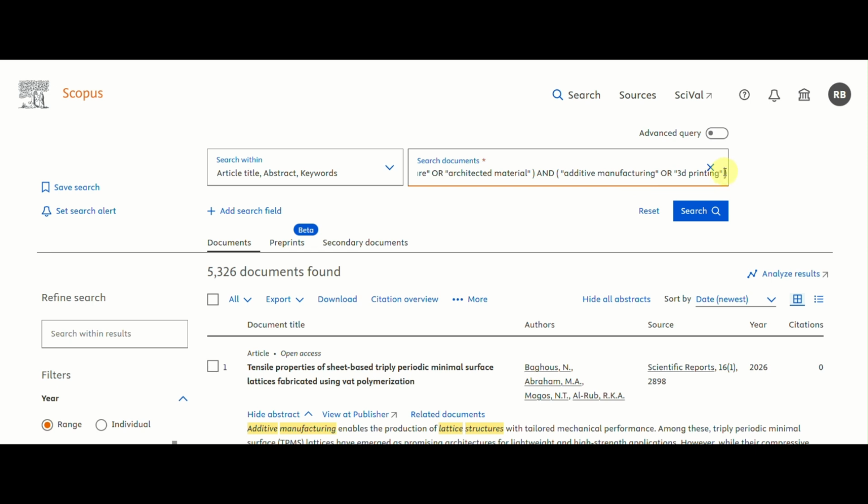Some other people also call it three dimensional printing. Just wait. Now see, 4300 plus. What is going to happen? 326, 393. That is why, as a researcher, we are happy to use different keywords.